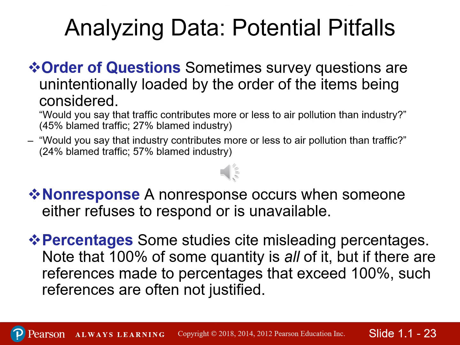For example, in an ad for the Club, which is an anti-theft device used to discourage car thefts, it was stated that the Club reduces your odds of car theft by 400%. But if you think about it, if the Club was successful in eliminating all car thefts, then it would reduce the odds of car theft by 100%. In other words, all of it. So the 400% claim is misleading.